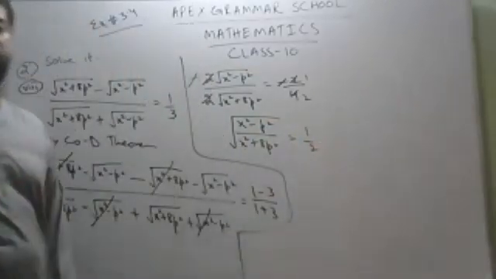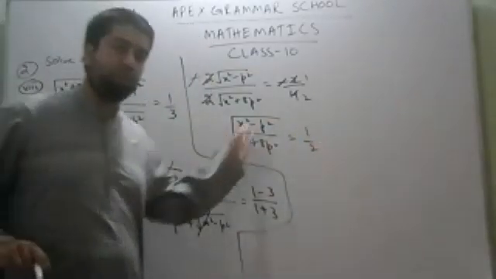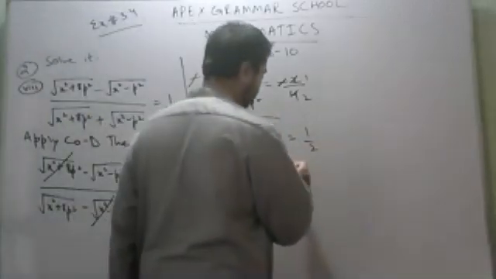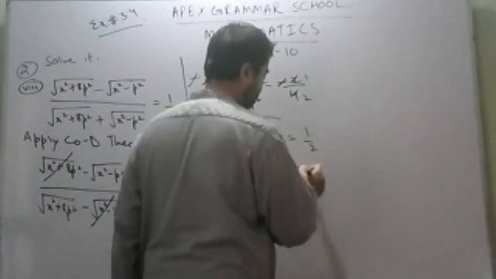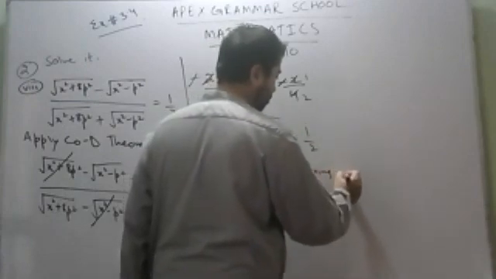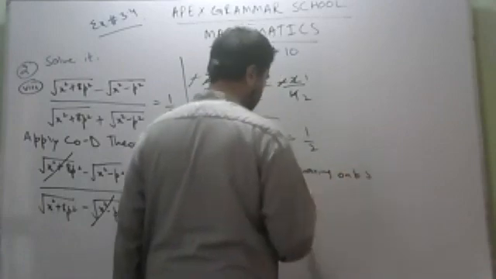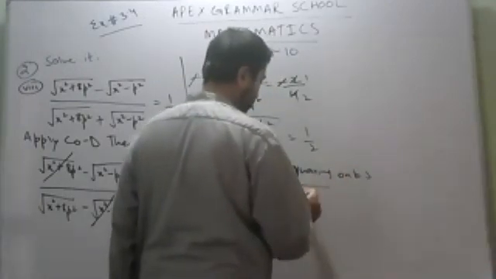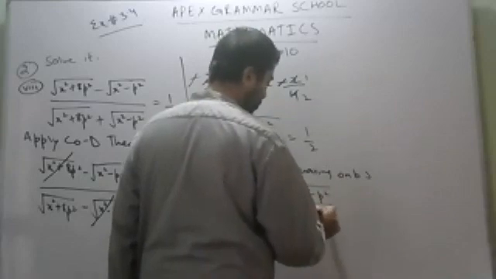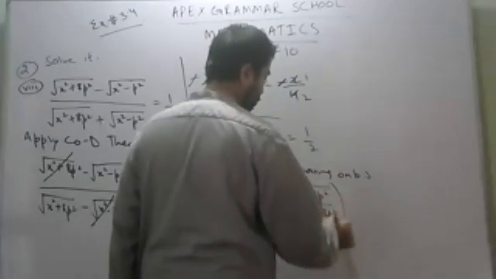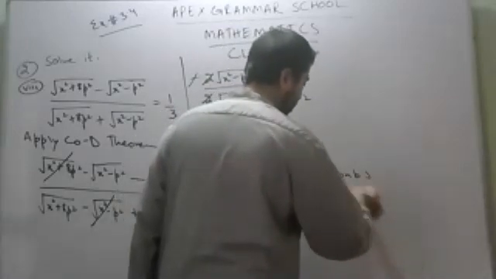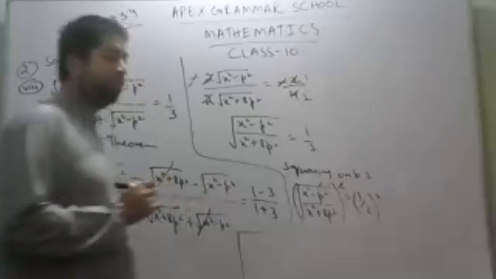Now you need to get rid of this square root sign. So squaring up both sides. This square cancels with this square root.